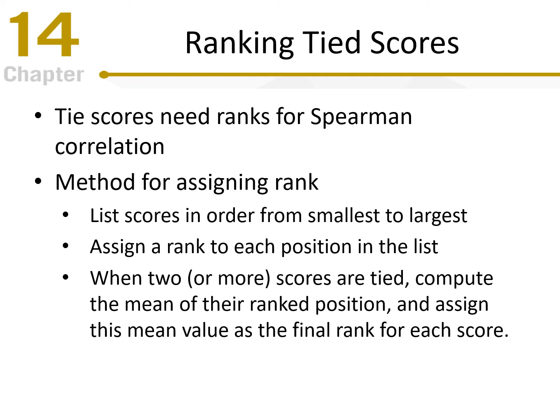That would be 1 plus 2 plus 3 is 6, divided by 3 is 2. Then those first three would be rank 2, rank 2, rank 2, because that is the mean of the first three ranks, 1, 2, and 3. So if you have tied scores and you're ordering them from lowest to highest, you need to replace the rank for the tied scores with the mean rank of those tied scores.